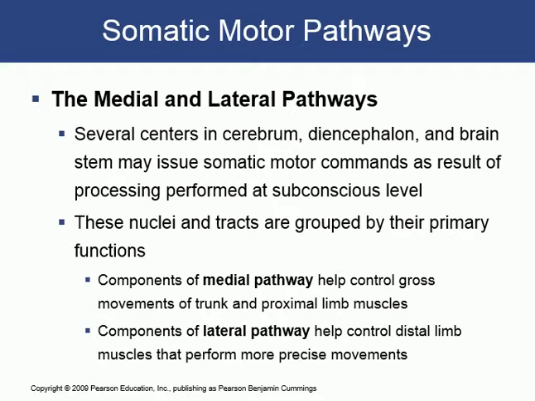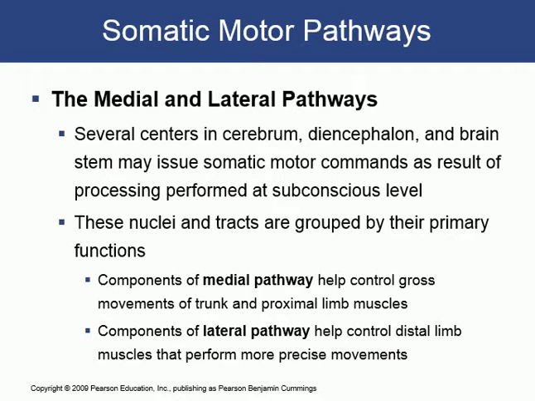Now the medial and lateral pathways. They start from the cerebrum, diencephalon, and brainstem, one of these, which is the start. The start of the corticospinal was from cortex. The start from the medial and lateral pathways is from any one of those: cerebrum, diencephalon, or brainstem, which is basically everything above the spinal cord.